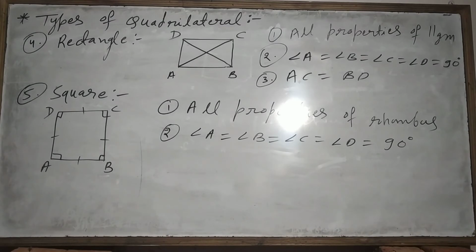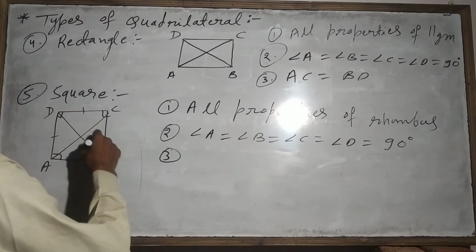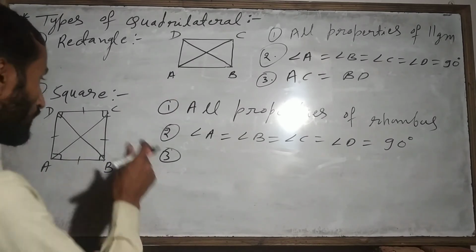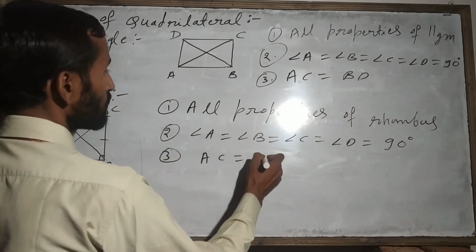Now in the third one, again diagonals bisect at right angle, that is okay. That is the same as a rhombus, but here the length of the diagonals is also equal, meaning AC is equal to BD.